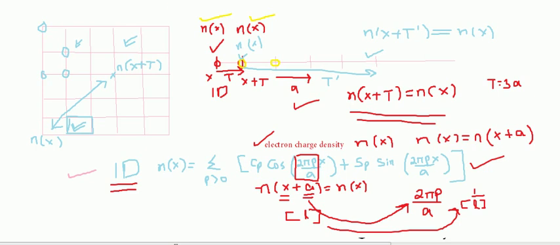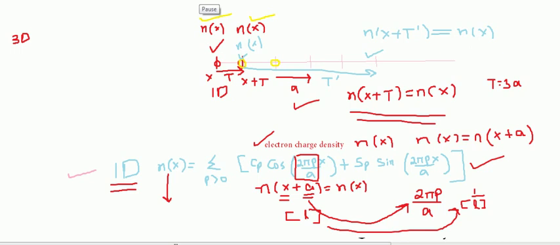So what happens in the 3D case? Before going into the 3D case, let me write the complex form of n of x. That is the 1D. So here I have written the complex form of n of x. This is nothing but again a Fourier series in complex form.